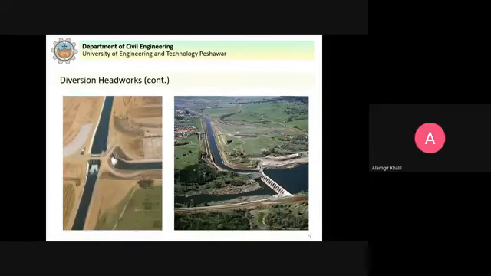Now in this picture you can see the river water which is flowing here. We have this diversion headworks that you can see here, and the water is diverted to the off-taking canal.